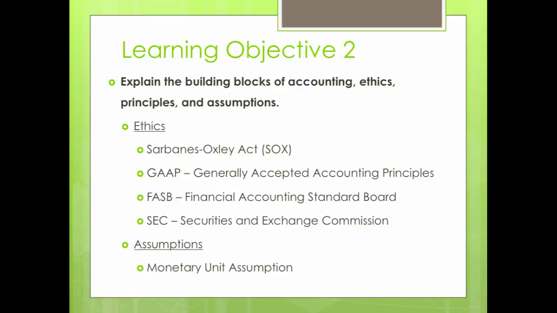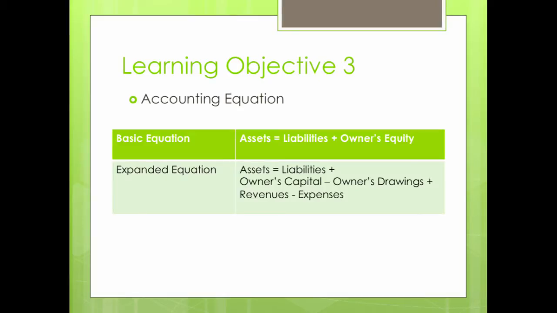We also learned about the Financial Accounting Standards Board and the Securities and Exchange Commission, as well as the assumption that all accounting records or transactions involve money, so there is a monetary value.